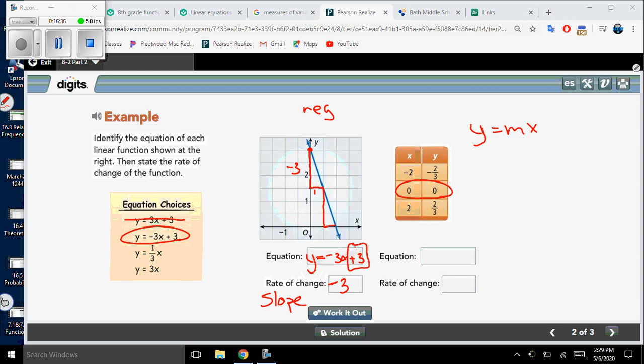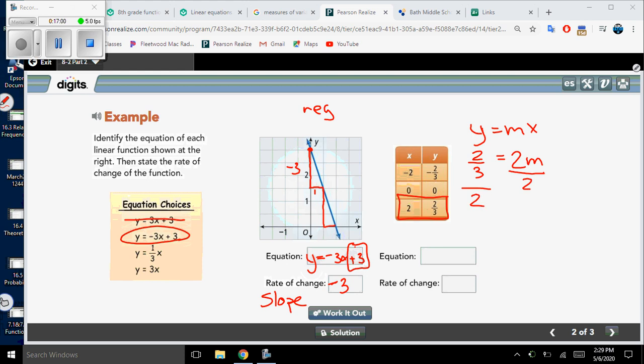And to me, the one that you're going to be plugging in here, you're going to stay with positives if you can. I'm going to plug in 2 for x. And remember, I still have m over there, so 2 times m. And then my y value turns out to be 2/3. I'm just pulling them from that particular spot. If you mathematically take care of this, you divide both sides by 2.